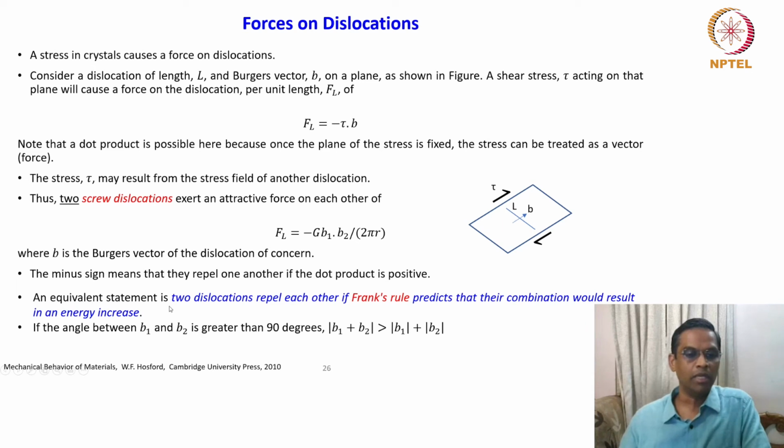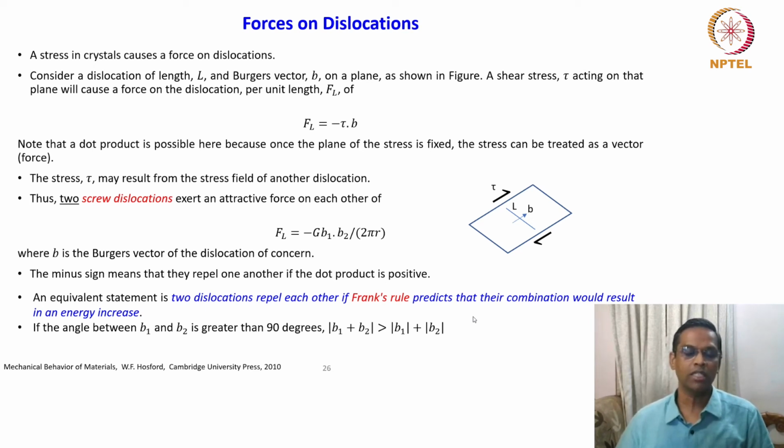An equivalent statement is that two dislocations repel each other if Frank's rule predicts that their combination would result in an energy increase. So what is Frank's rule? You know that the energy of the dislocation is proportional to B squared. That is what we have seen in the last class.